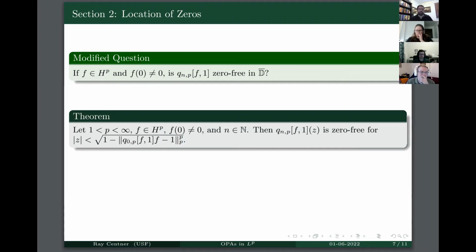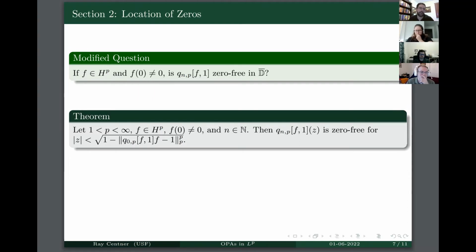First of all, I want to mention why this disk might be of interest. If you look at the radius, for one, it's not 0, because the only way it could be 0 is if the norm was 1, and that doesn't happen because the OPA Q_0^P is not identically 0, and that's because the function doesn't vanish at the origin. But also, what I'd like to think this statement says is that if you look at this norm, in a perfect world that quantity is something small, you would hope.